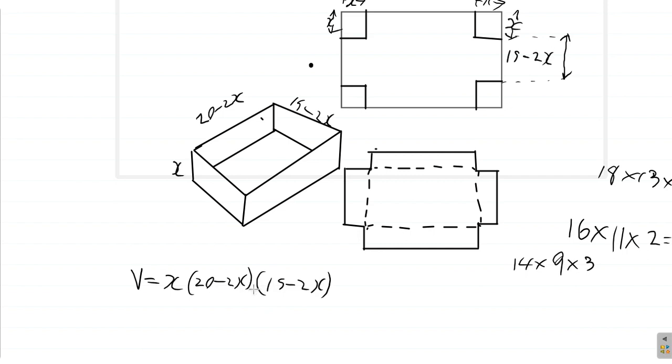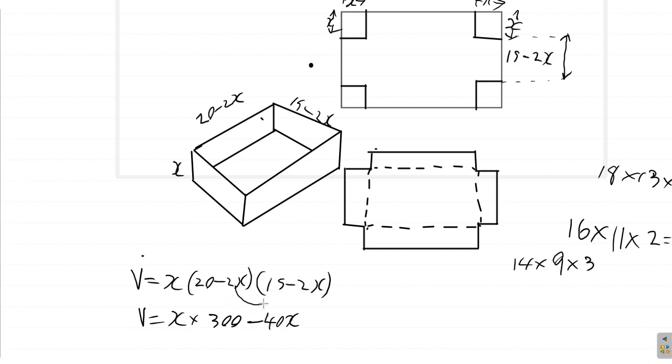Now the thing is, you want to multiply out the brackets. So what you have is the volume equal. Let's multiply out the brackets first and then times the x now. 20 by 15 is 300, plus 20 by negative 2x, 2 twos is 40, so it's negative 40x.